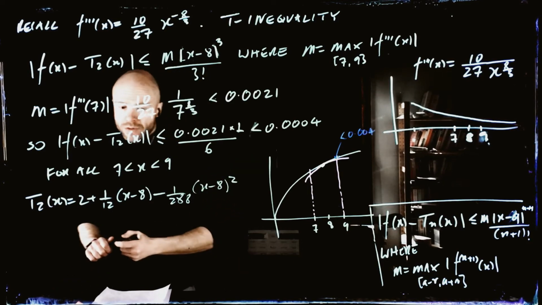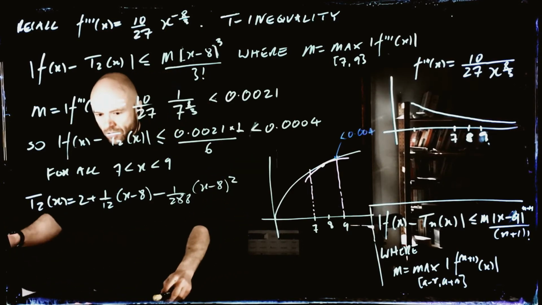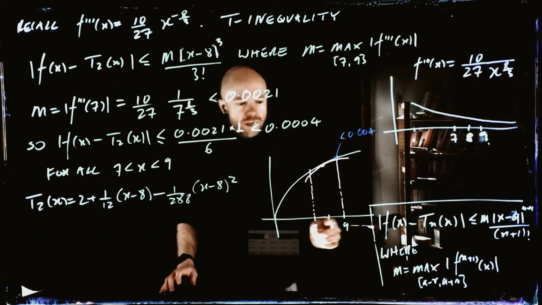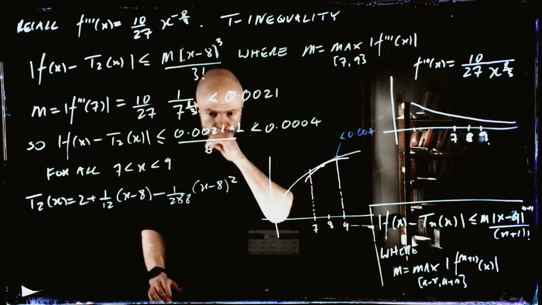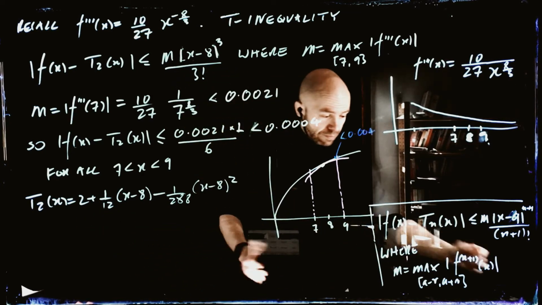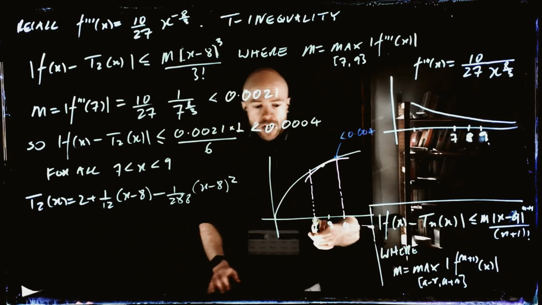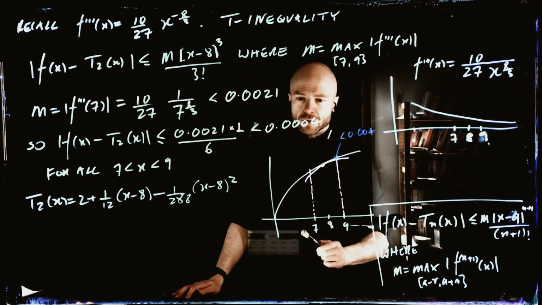This thing is a nice function. This thing is not hard to calculate. If you take your value of x between 7 and 9, you can calculate this reasonably quickly, whatever it is. Yeah? Whereas if you're trying to by hand calculate the third root of x for an arbitrary value between 7 and 9, that's really difficult.